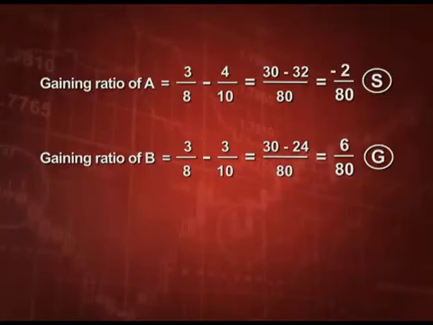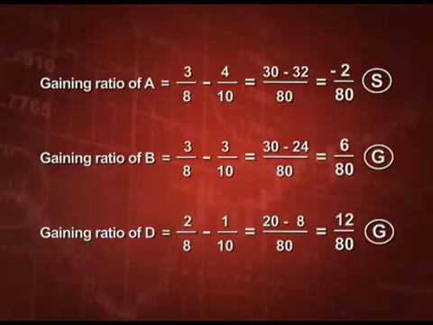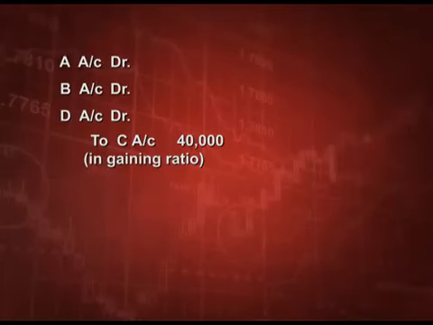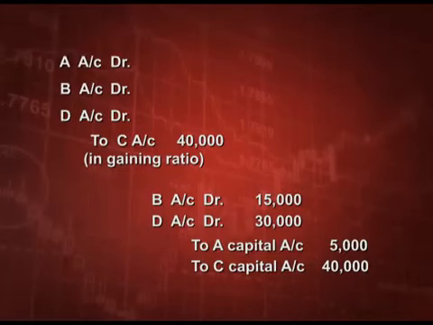Now, the gain of B comes to 6/80 and the gain of D comes to 12/80. So, the entry will change now because A has sacrificed. So, the entry will be B account debit, D account debit to A and to C. C's share we have already calculated, 40,000, and A's share is equal to what? 5,000, and it will be shared between B and D in the ratio of 1:2, that is 15,000 and 30,000 respectively.